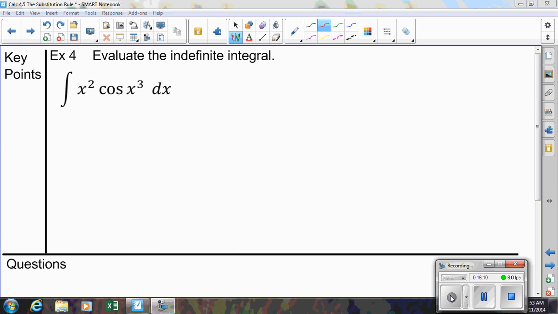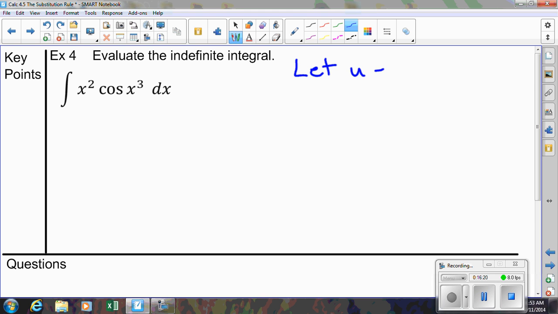All right, with our next example, what do you suspect we should use for the u substitution? Let u equal, I'm being told x cubed, because x cubed is inside the cosine. That'll tell us du dx equals 3x squared.